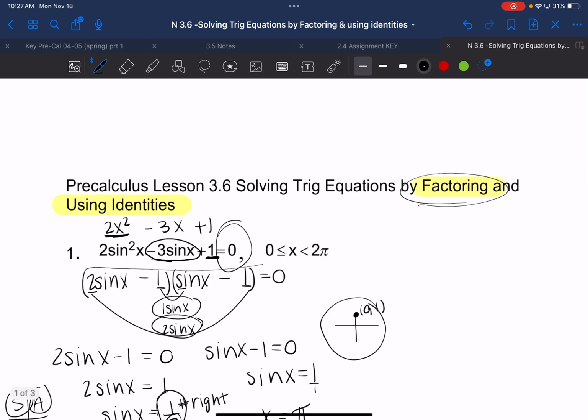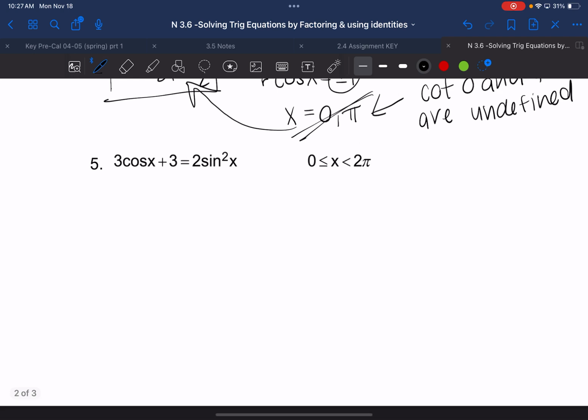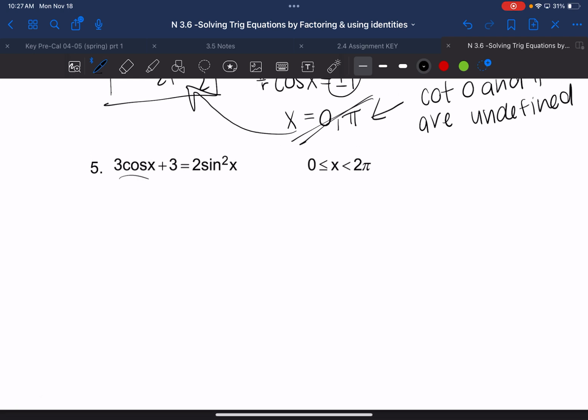Or on number 1, when I factored, that one had both terms of sine. So I'm not going to be able to factor this one if I've got a cosine and a sine. But we do have some basic 8 identities that might allow us to replace something. Anyone remember what we're allowed to replace sine squared with?